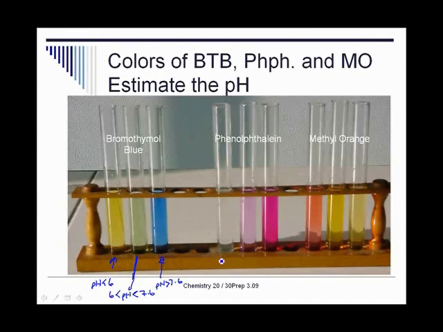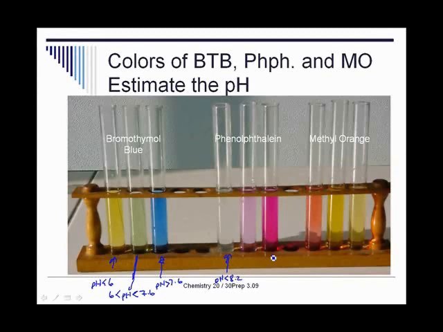If we move over to the next one, phenolphthalein, we see that there's a clear, kind of a light pink color and a dark pink color. So for phenolphthalein, it goes from colorless to pink. This one's colorless, so we know that the pH is less than 8.2.